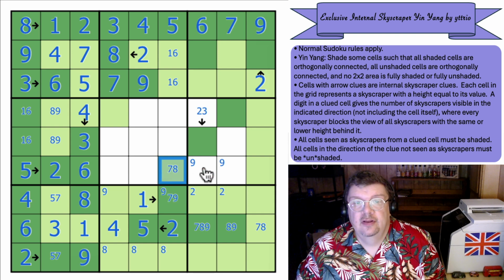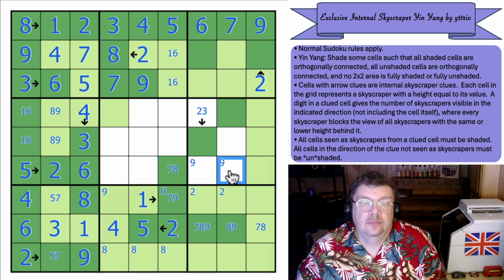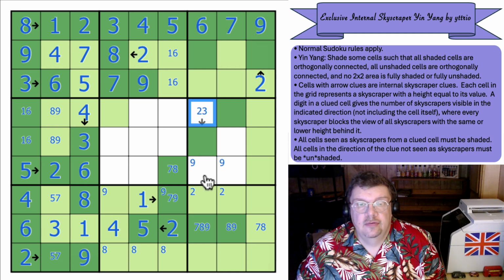Okay, if that's 7, that's 8, that's 9. That seems reasonable. That then becomes a 3 because that's shaded.